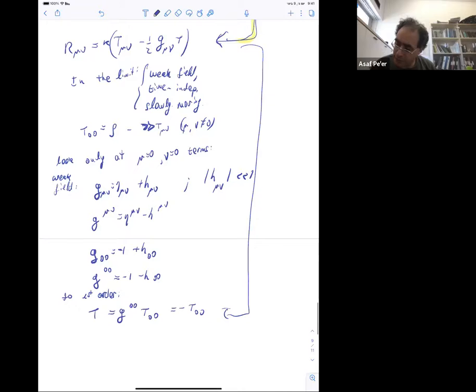Then we're left with R00 is just going to be 1 minus, so I just have a 1/2 kappa T00.